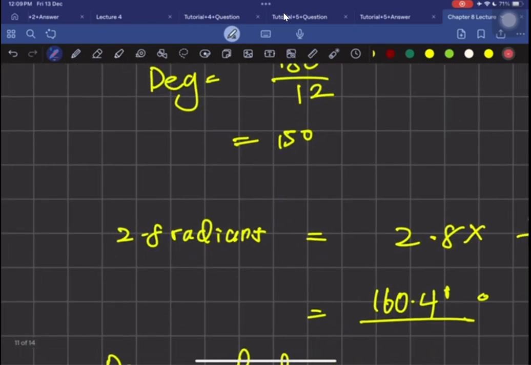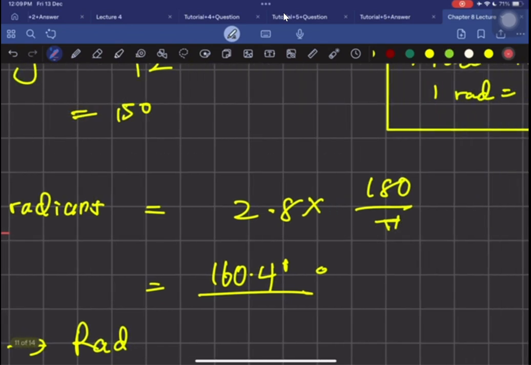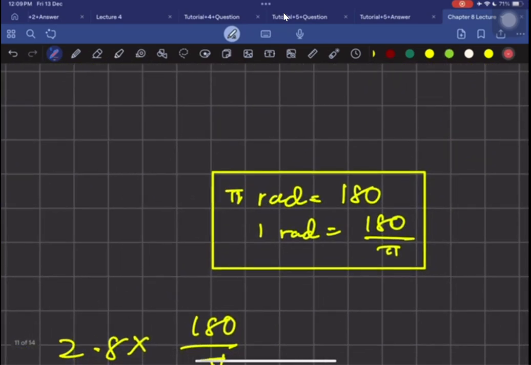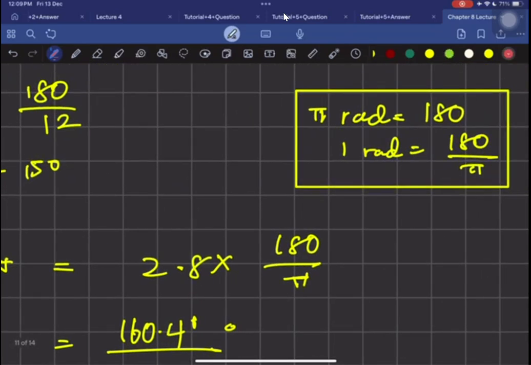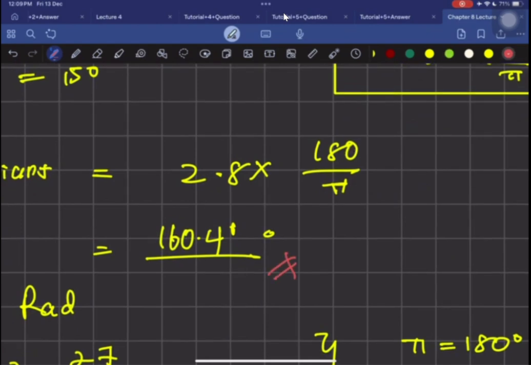Alternatively, if I give you 2.8 radians and I want you to find the degrees version of it, you can also do that. Remember earlier, pi is equal to 180 degrees. Therefore, 1 radian is equal to 180 over pi. So 2.8 radians is basically equal to 2.8 times 180 over pi, and this would be your final answer.